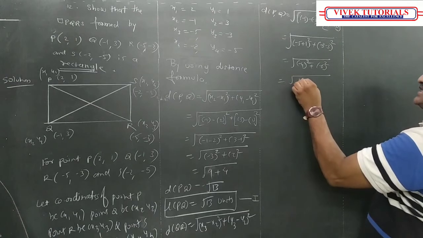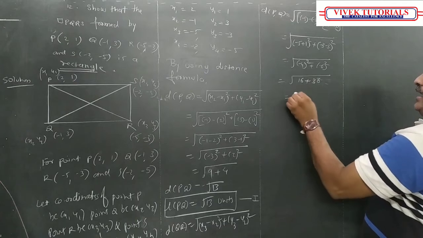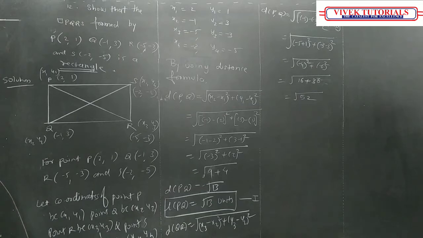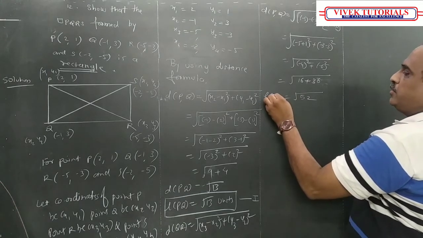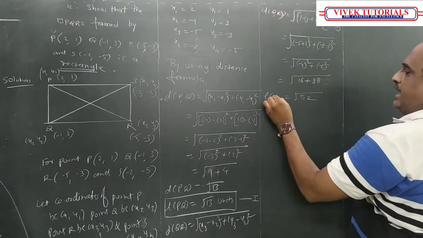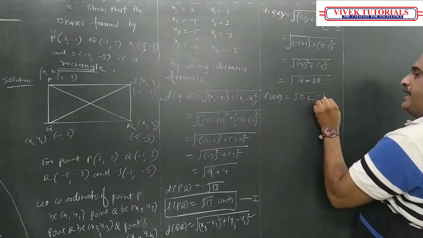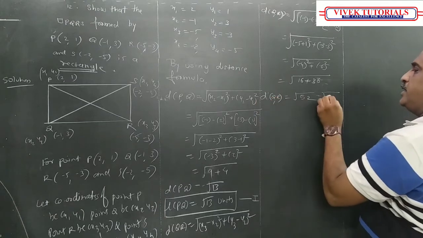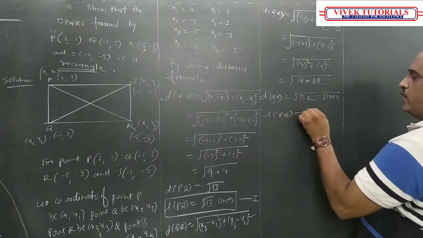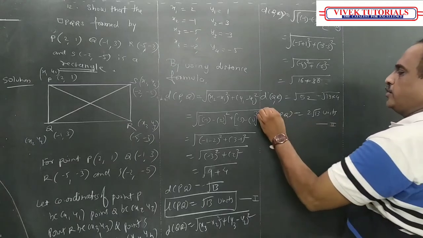It is coming as 16 plus 36, which is 52, the length QR. The length QR is root 52, that we can write as root of 13 into 4. So length QR is 2 root 13 units, equation 2.